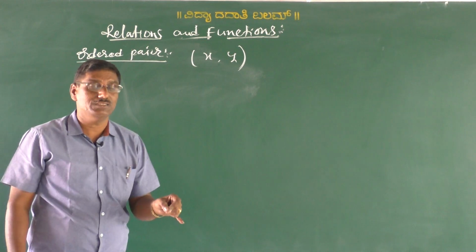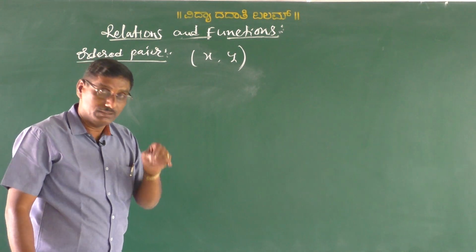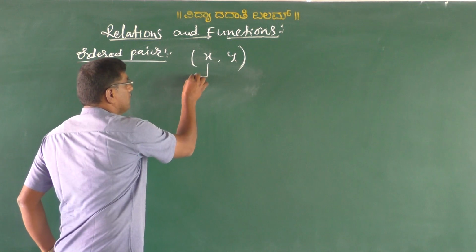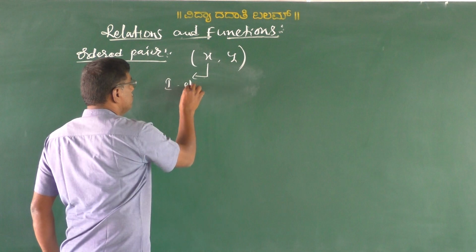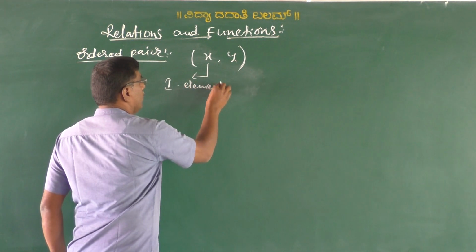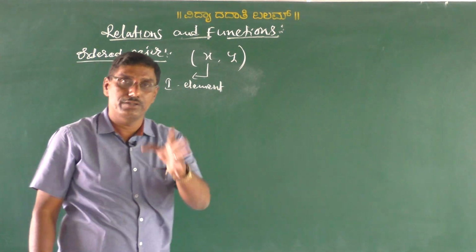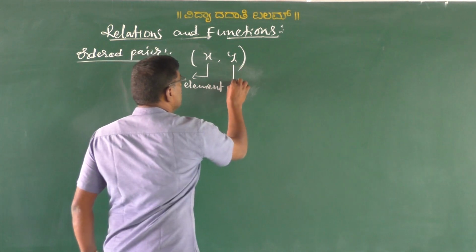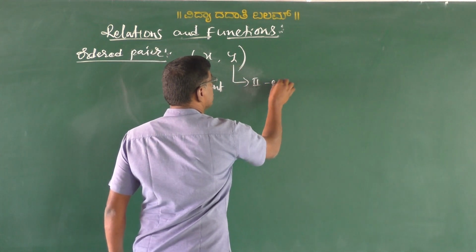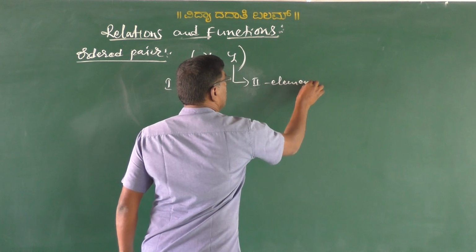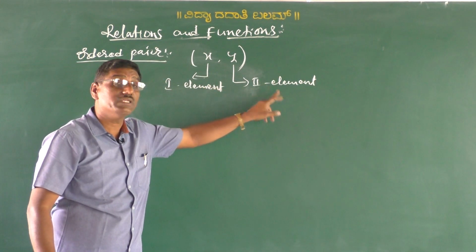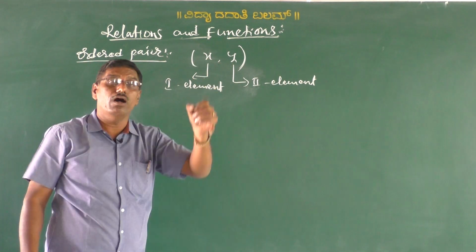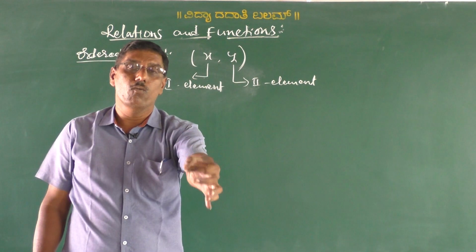Why do we call it specific order? Since here this element x, we call the first element or first component. This is called the second element or second component of an ordered pair (x, y).